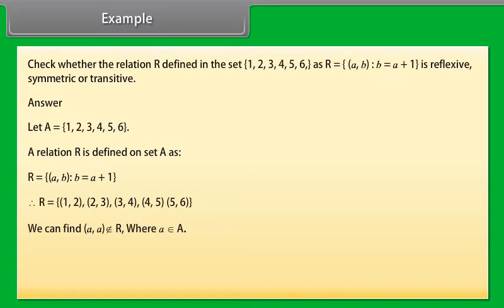We can find (a, a) does not belong to R where a belongs to A. For instance, (1, 1), (2, 2), (3, 3), (4, 4), (5, 5), (6, 6) do not belong to R.